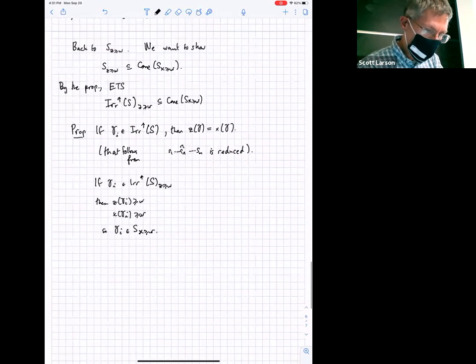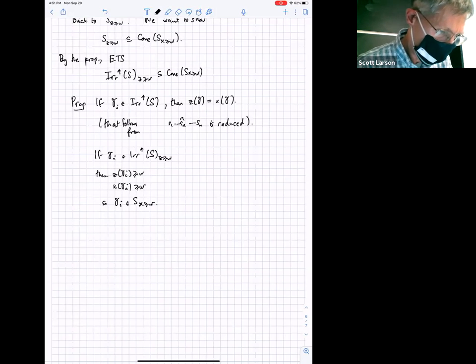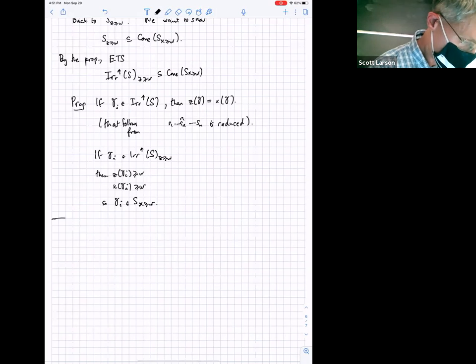Now, why is it true that if you're an irreducible element, then your z is equal to your x?